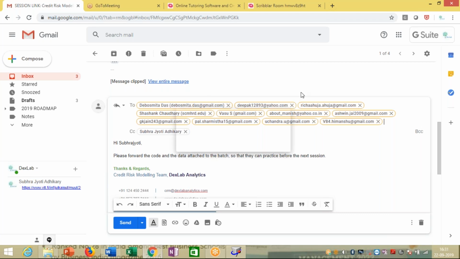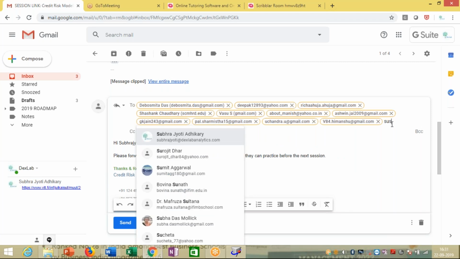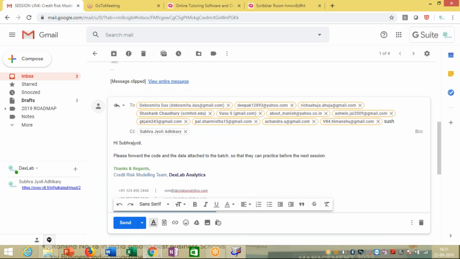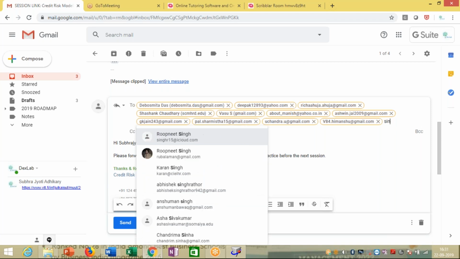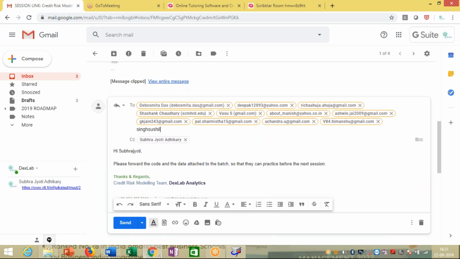I have Debashmita over here, Deepak, Richa, Shashank, Vasu, Sushil, Manish. Sushil, 486 at gmail.com. Right? Okay. Anyone else? Akhilesh is there, I think. I don't have Akhilesh's ID.